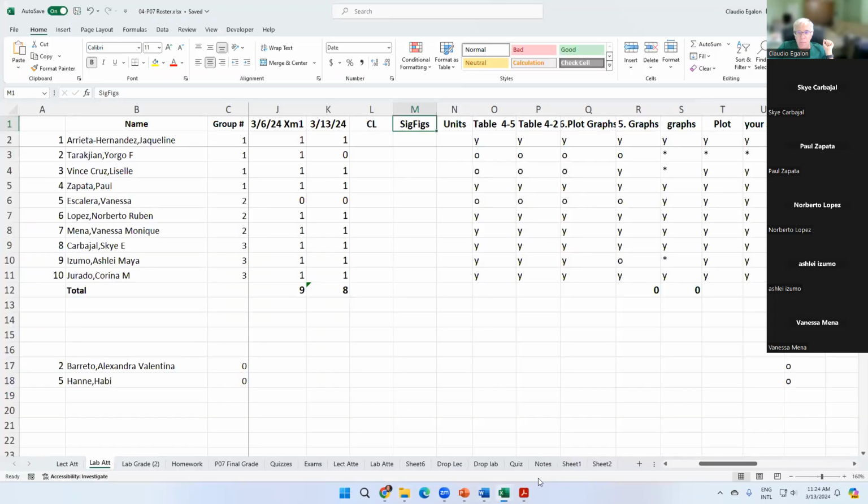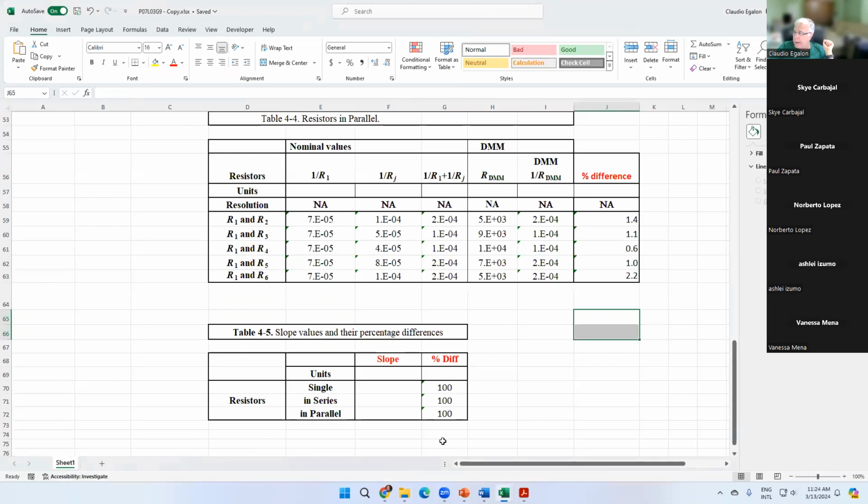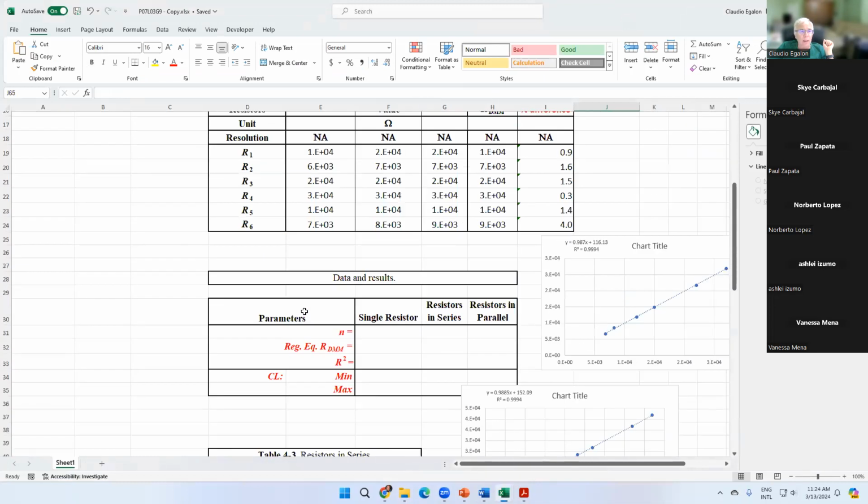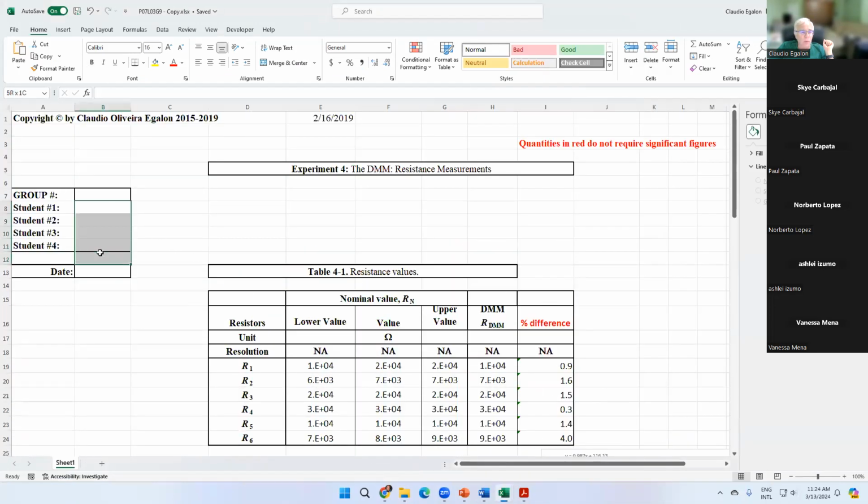And as a reminder, don't forget to fill up your names here as well, and the dates. But only the names of those students who participated in the lab.